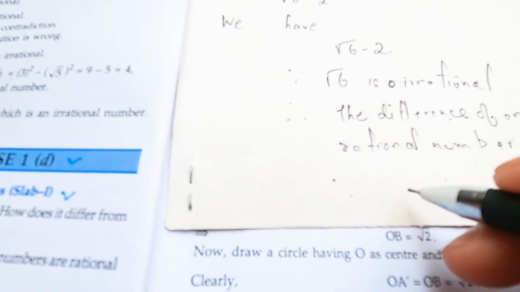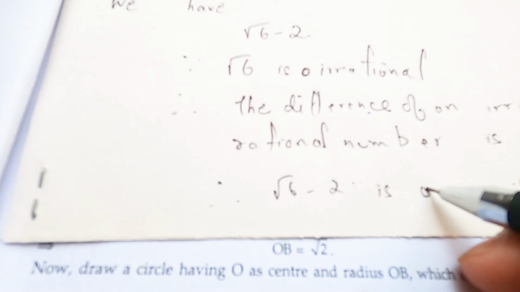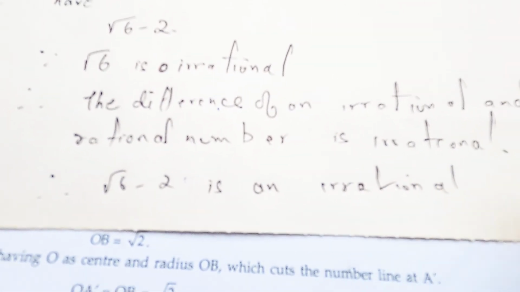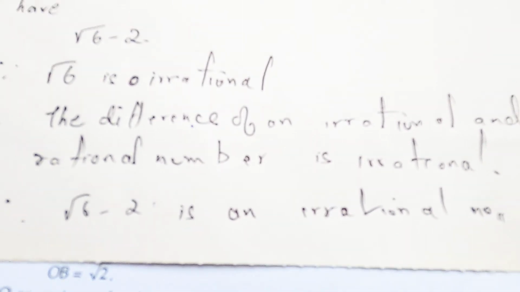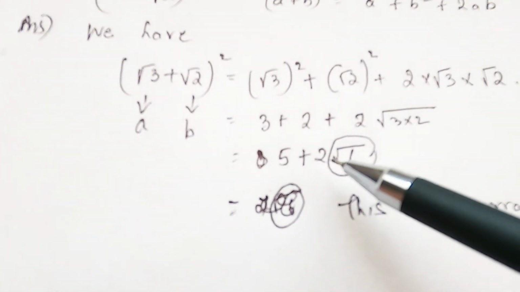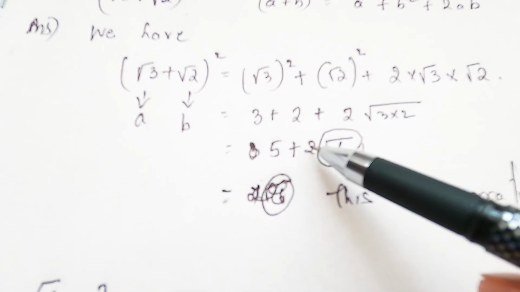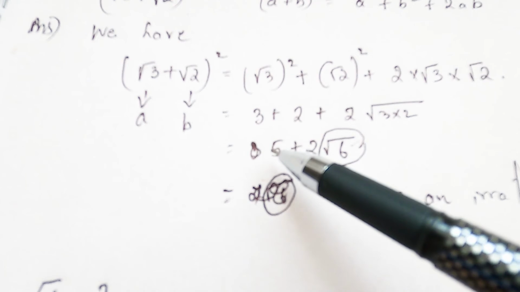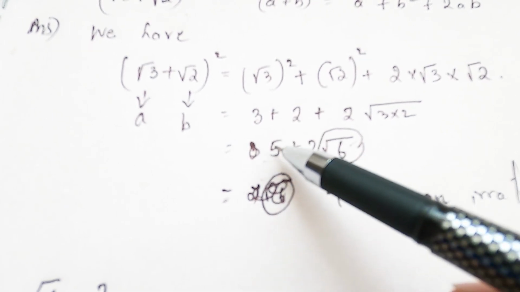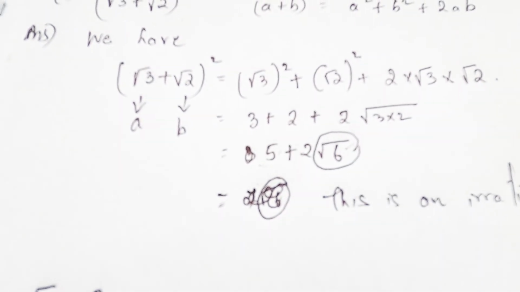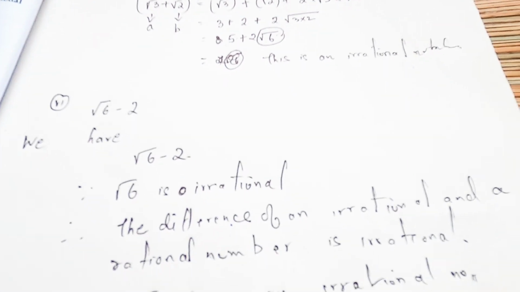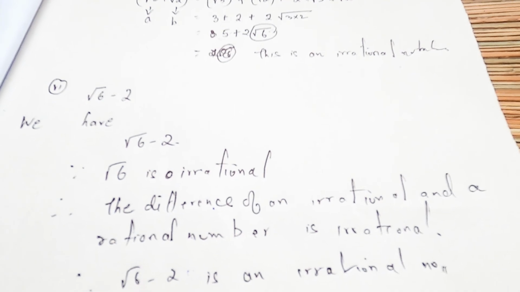All right, so therefore root 6 minus 2 is an irrational number. All right, so in this case also we can say that the product of rational and irrational will be irrational, and the sum of a rational plus with an irrational will also be an irrational. So this will be your answer.